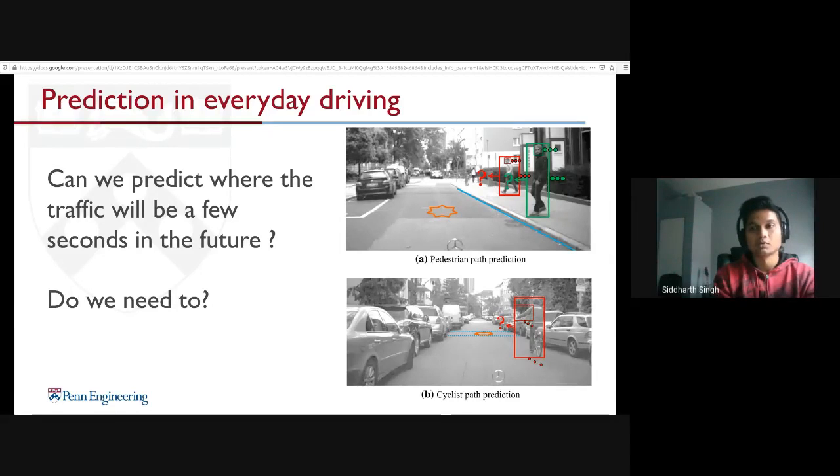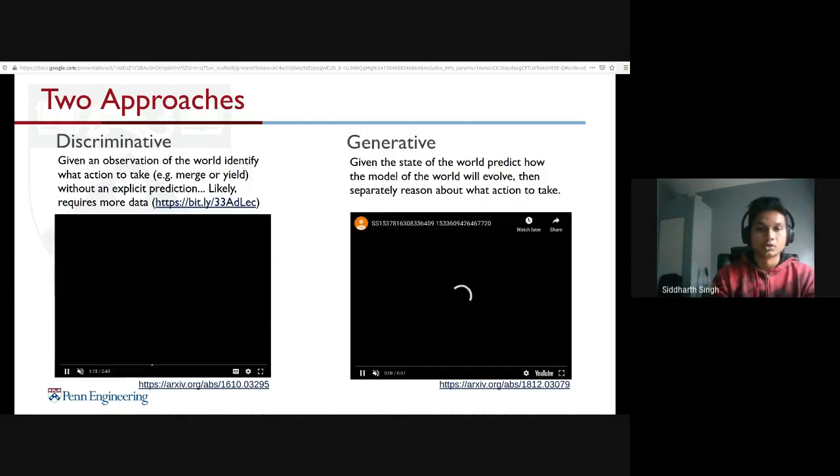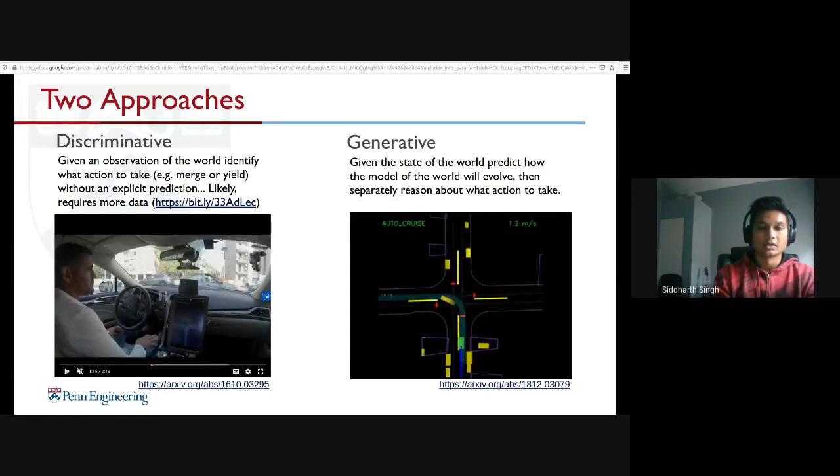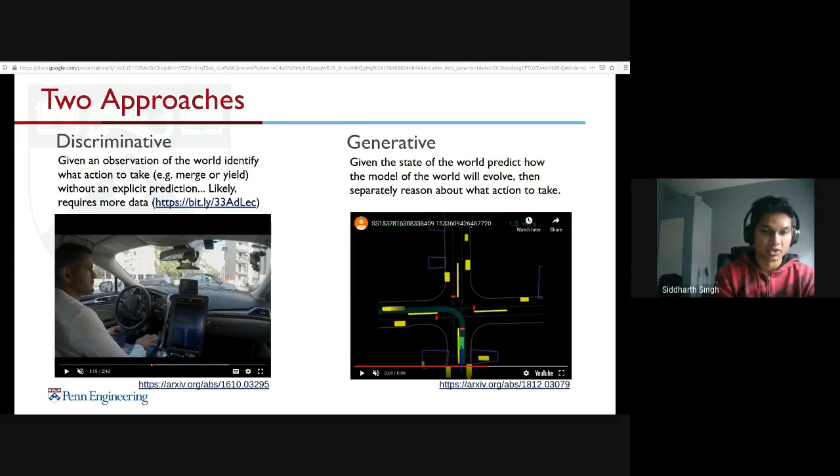So these decision making processes are no longer based on where the object is currently, but also based on where the object will be in the future. So these are a couple of approaches that are currently being used to perform this prediction. The first approach is discriminative.